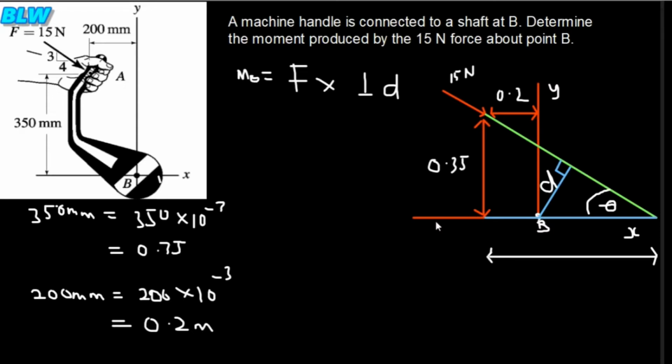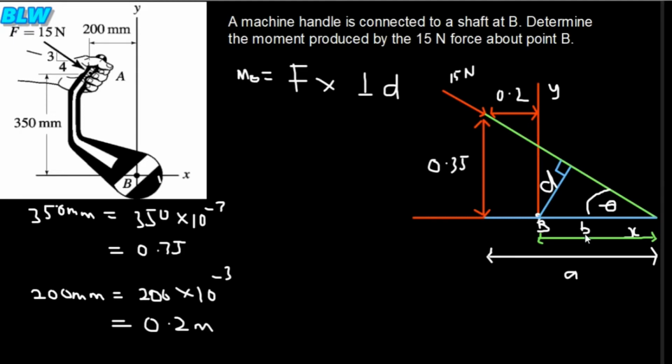From here to here, let me name it A. Let me name this side A, and the small distance inside here, from this side to this side, let me name it B. Now you know that A is the longest side, and B is the smallest one.